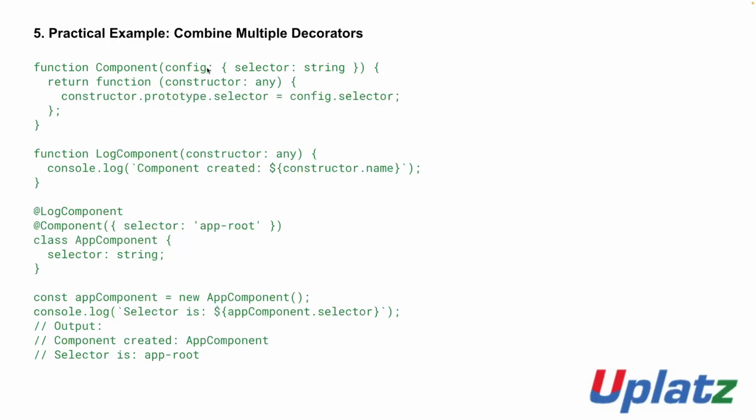Function Component config colon within curly braces selector colon string, return function constructor of type any, constructor.prototype.selector is equal to config.selector. Function logComponent constructor of type any, console.log within backticks component created colon dollar within curly braces constructor.name, backtick is closed.